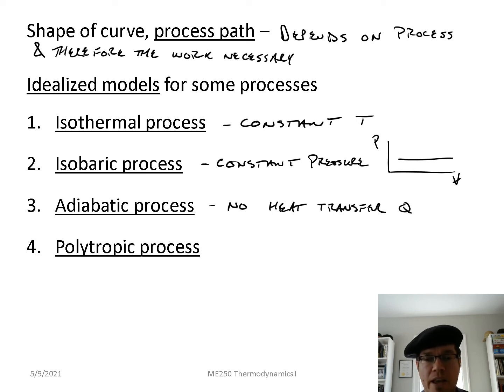And then the last one is what's called a polytropic process, which is just the name given to one where it's well modeled by pressure is equal to volume to the n times some coefficient c. They're both constants, c and n.